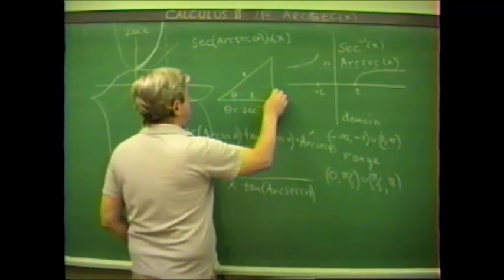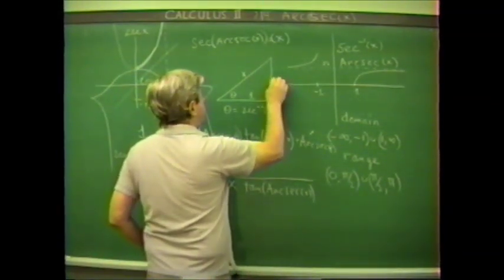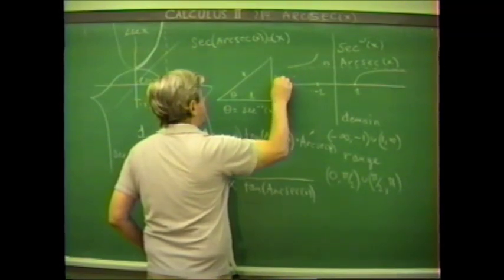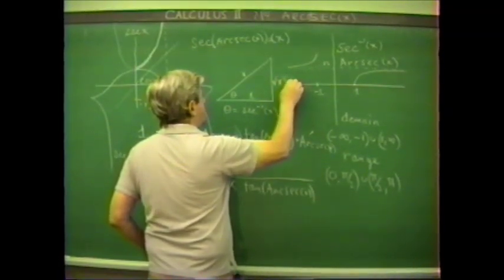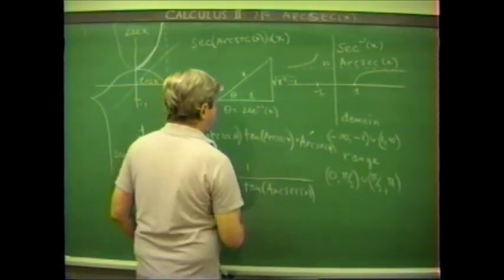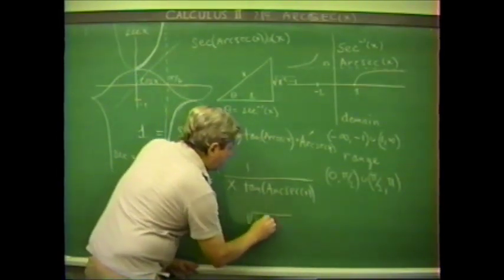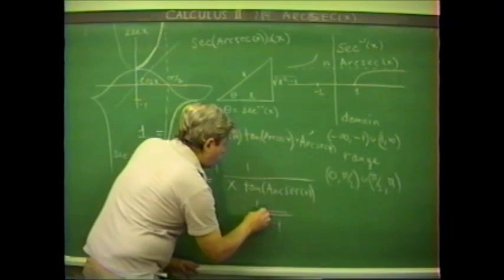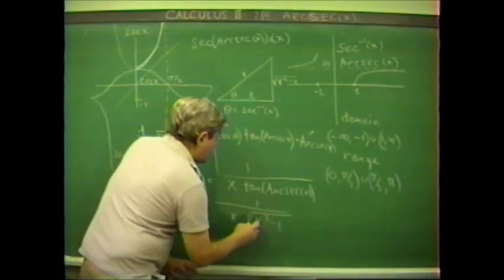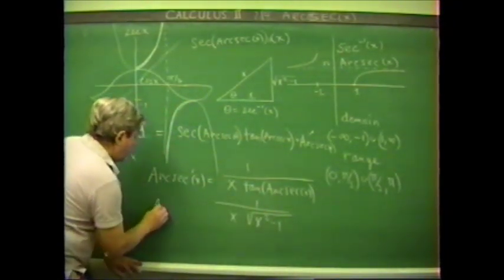And consequently, this third side over here is going to be the square root of x squared minus 1. Right? And the tangent of the angle whose secant is x is going to be the square root of x squared minus 1. So 1 over x times the square root of x squared minus 1 is the derivative of the arcsecant.